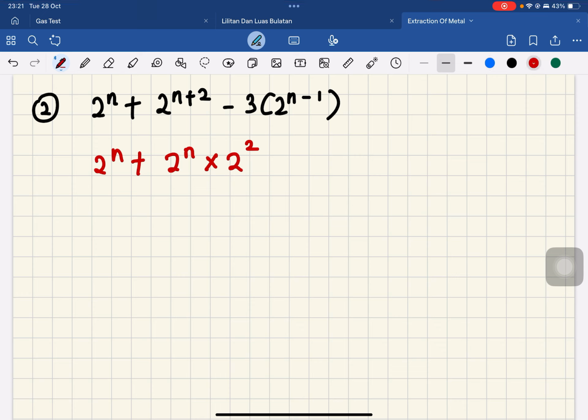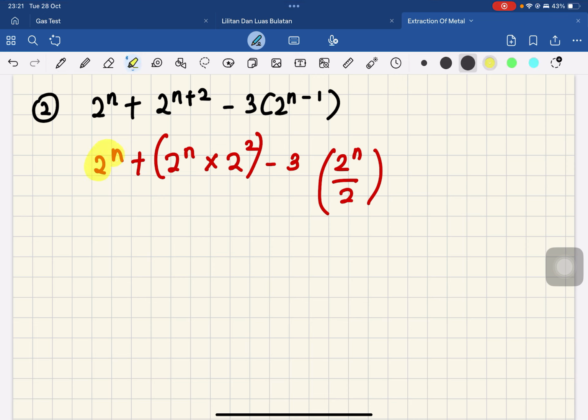So we're going to do the same thing to the one inside the bracket. 2 power of n minus 1, meaning divide by 2. Now, as you can see, each of the terms consists of 2 power of n.